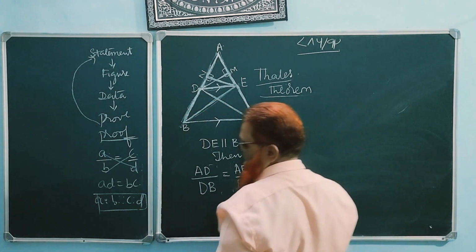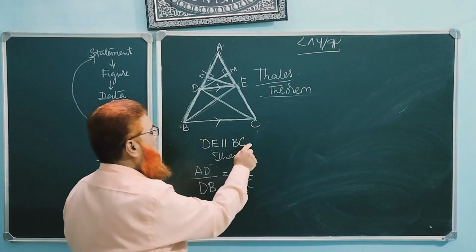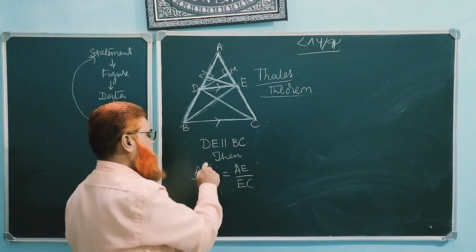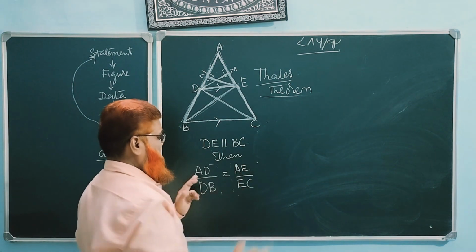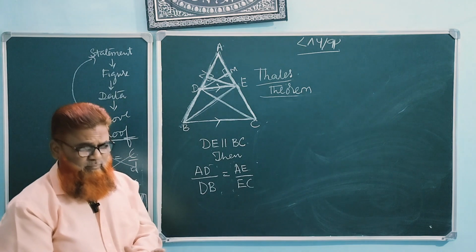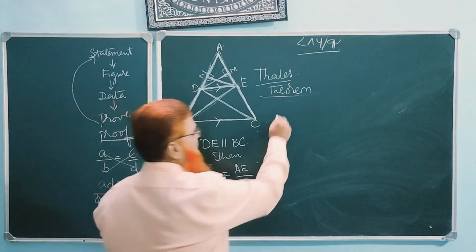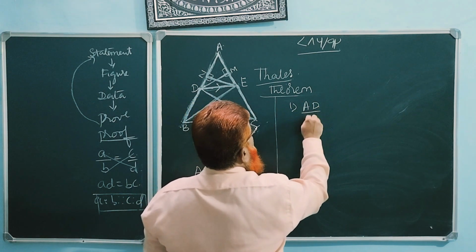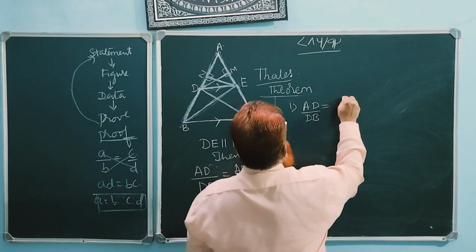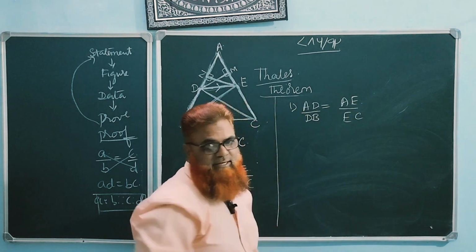What is that? It says that if DE is parallel to BC, then this parallel line divides the other two sides in equal proportion, or proportionately. Number 2, the first part is what we proved, that AD divided by DB is equal to AE divided by EC, right?